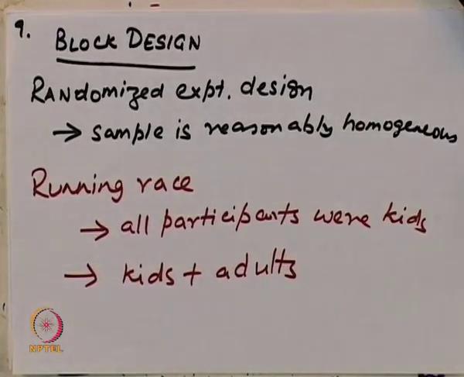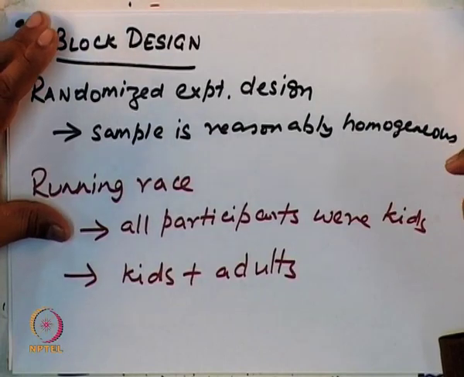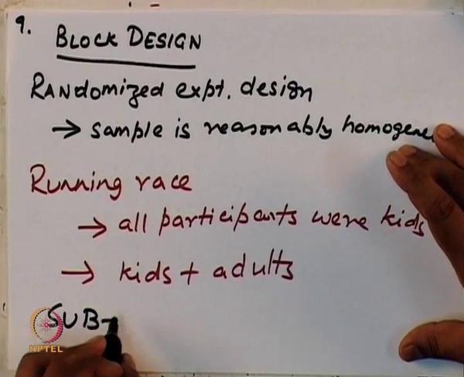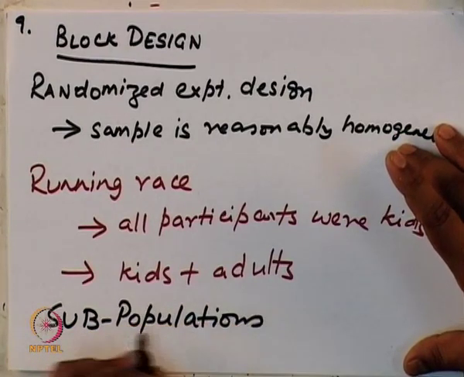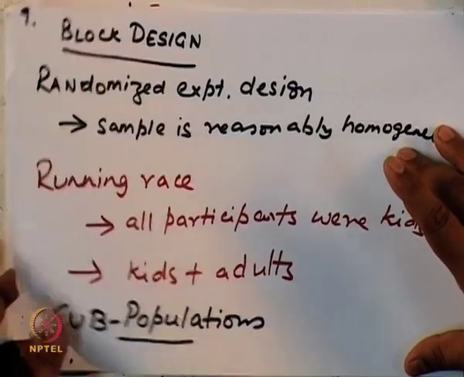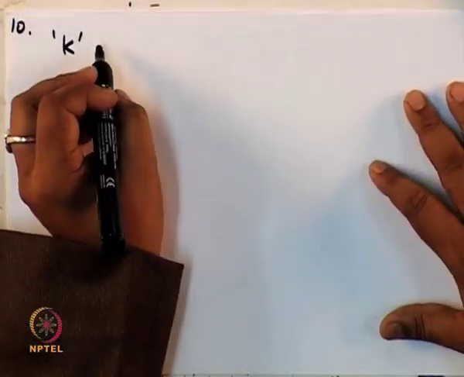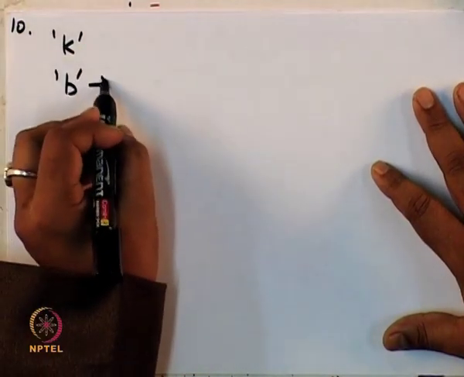So, this is what the aim of randomized block design is to do: to take into account that you have various subpopulations in your main population. In randomized block design, you have k treatments, and your entire population is divided into b blocks.